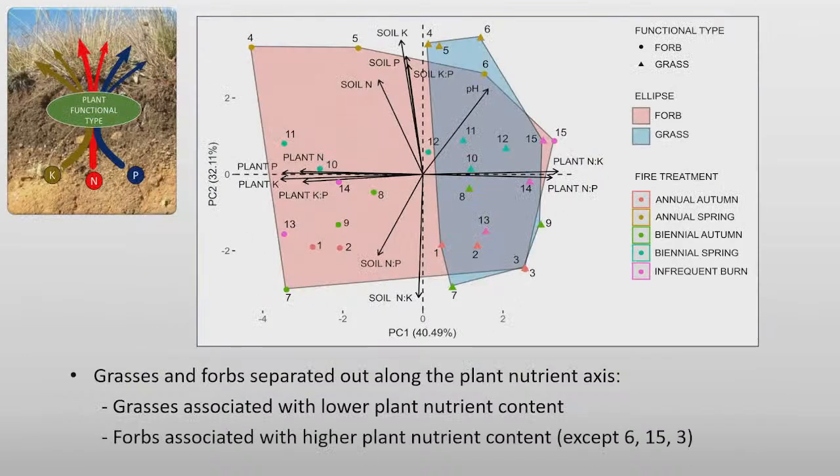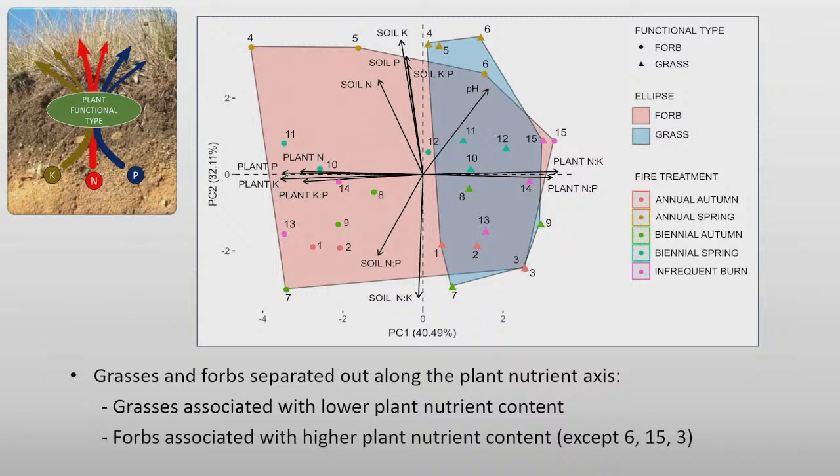When we included the grasses and the forbs, we see that they separated out along the plant nutrient axis. The grasses associated with lower plant nutrient content and the forbs with higher plant nutrient content.